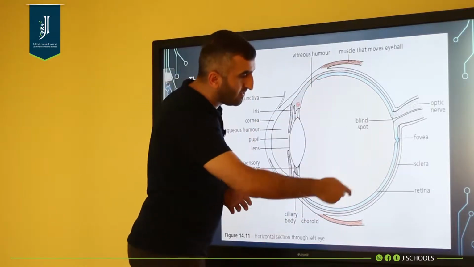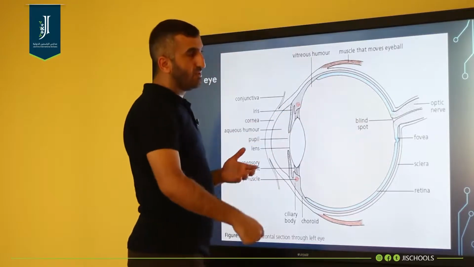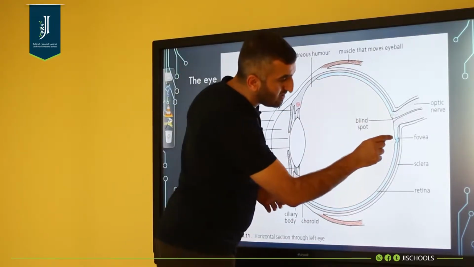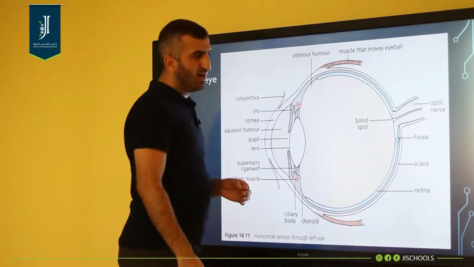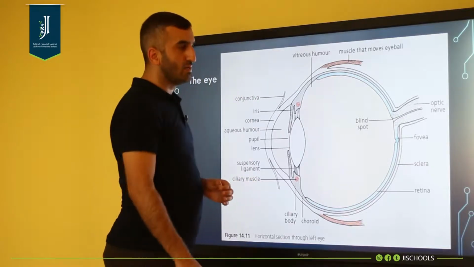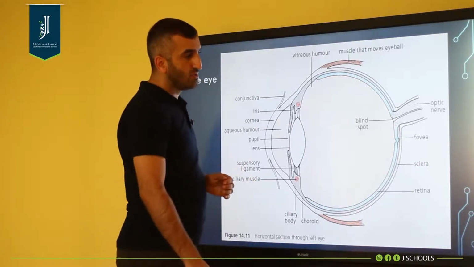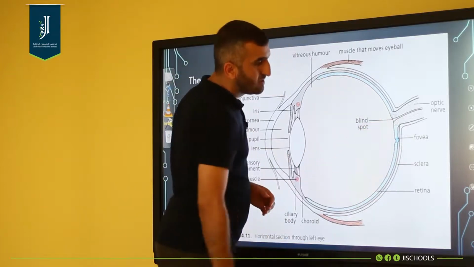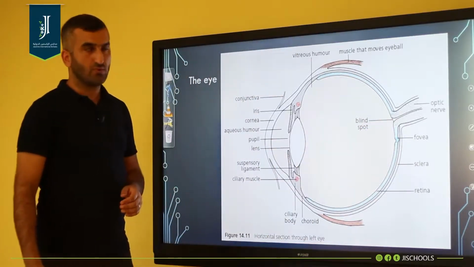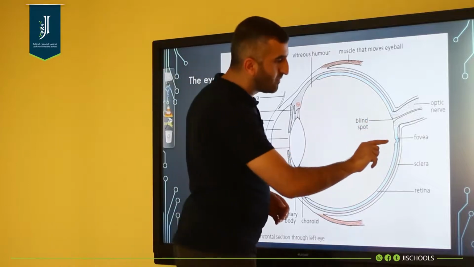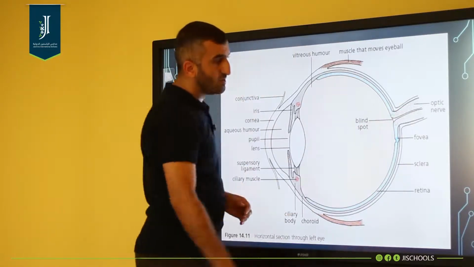All over the retina there are the cones and rods, while the fovea has highly dense cones only. While the blind spot has no cones and no rods at all. It's the area for the entrance of the optic nerve into the eye.